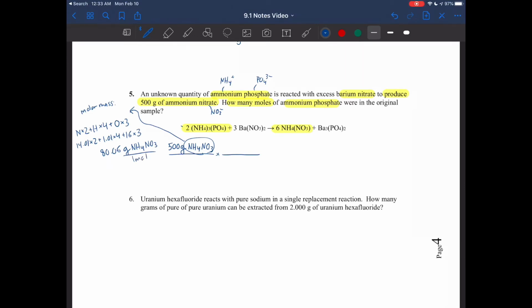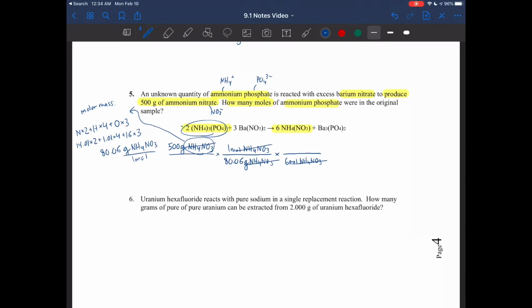per mole. And we can use this conversion factor in our dimensional analysis now. 80.06 grams of NH4NO3 can cancel out our initial number of grams. And now we can convert to moles of our ammonium phosphate, which is what we're looking for, that (NH4)3PO4. So let's look at those coefficients.